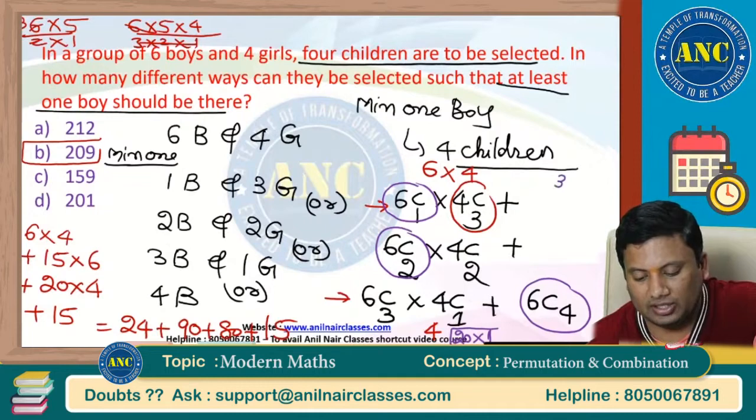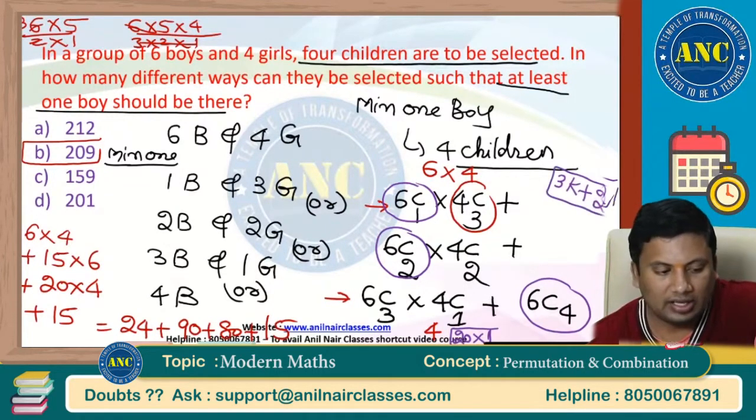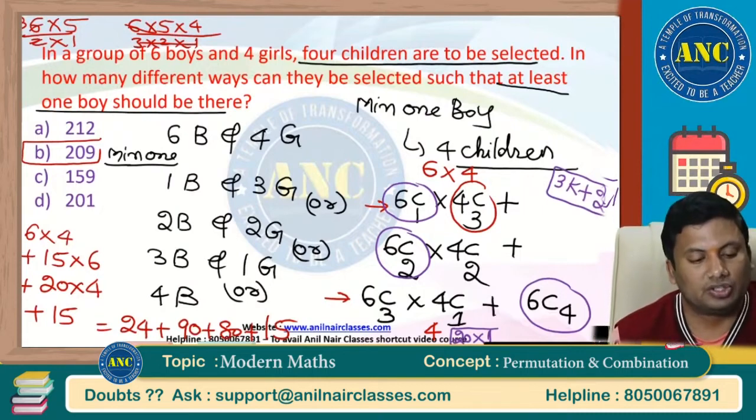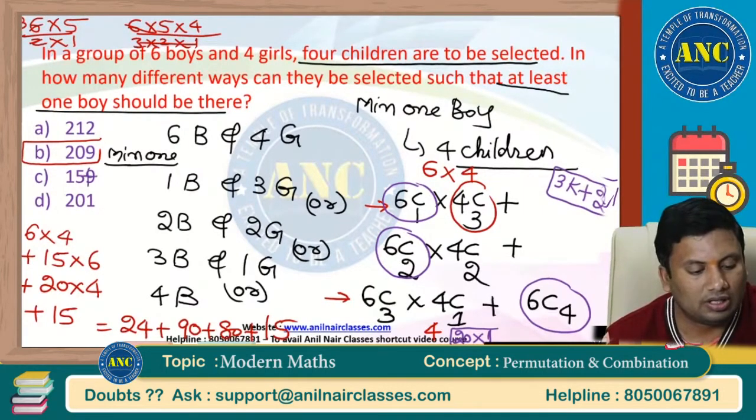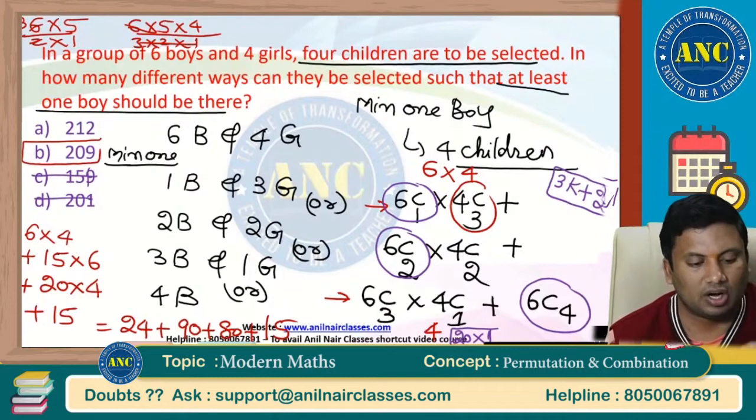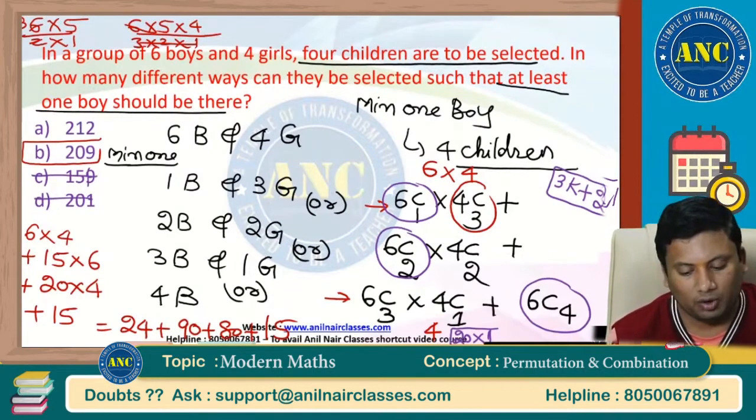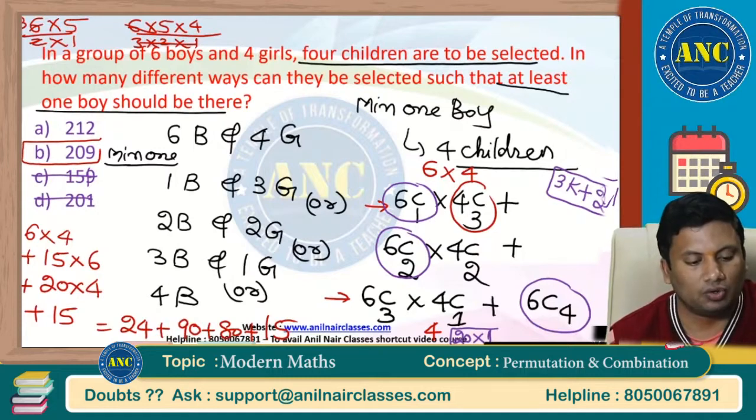That means the answer when divided by 3 should give a remainder 2. This is not possible. I hope it is clear, right? So we are stuck with 212 and 209.